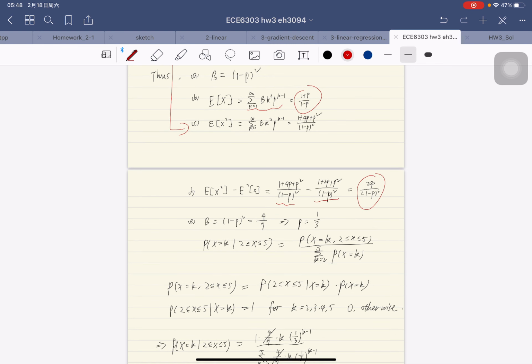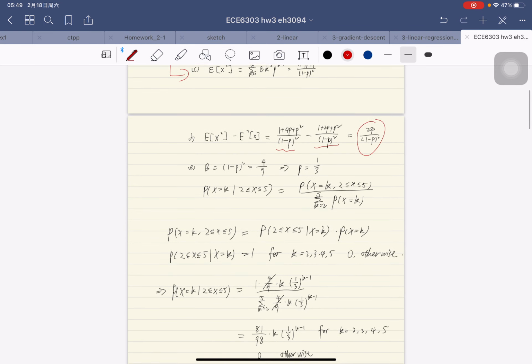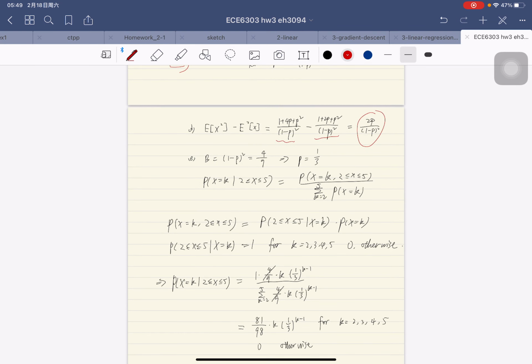And what if we know that b equals 4 out of 9, and we can solve that p equals 1/3. And the problem is a conditional probability, so we can change it to the joint probability divided by the marginal probability.